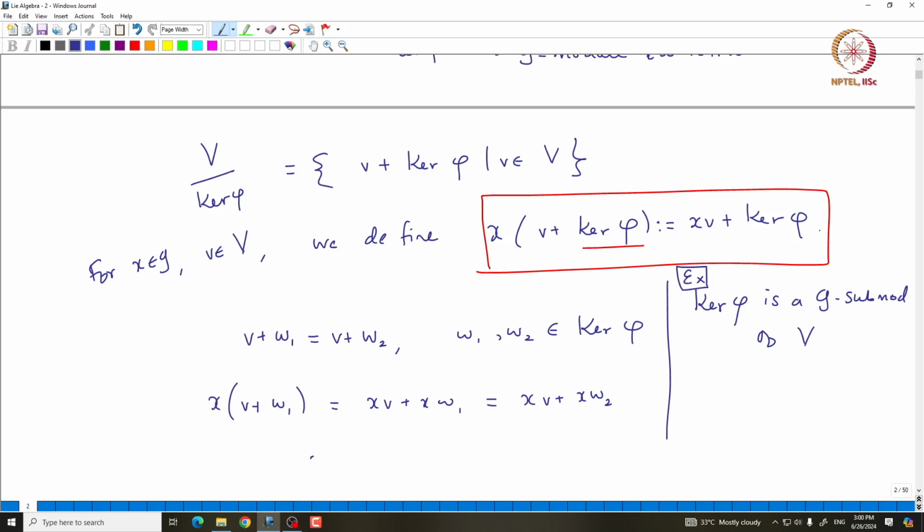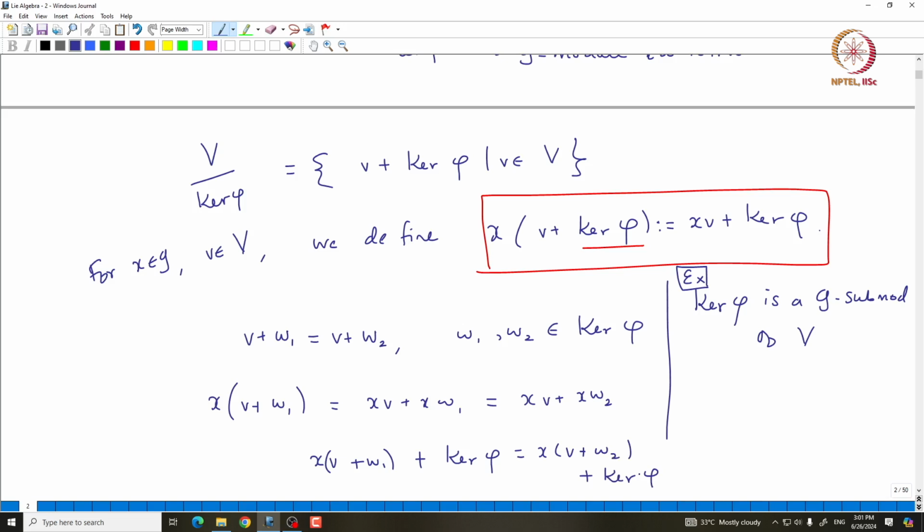So, that means xv plus w1 is going to be equal to xv plus w2 modulo the kernel.